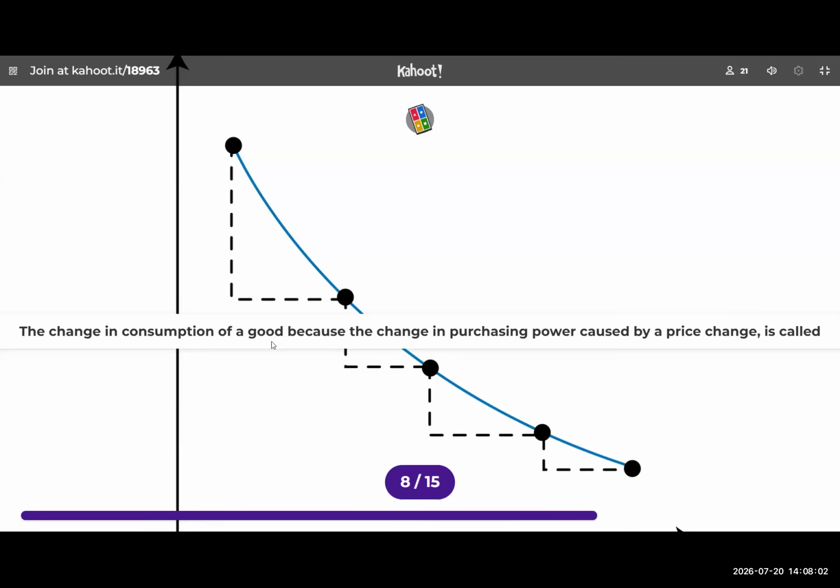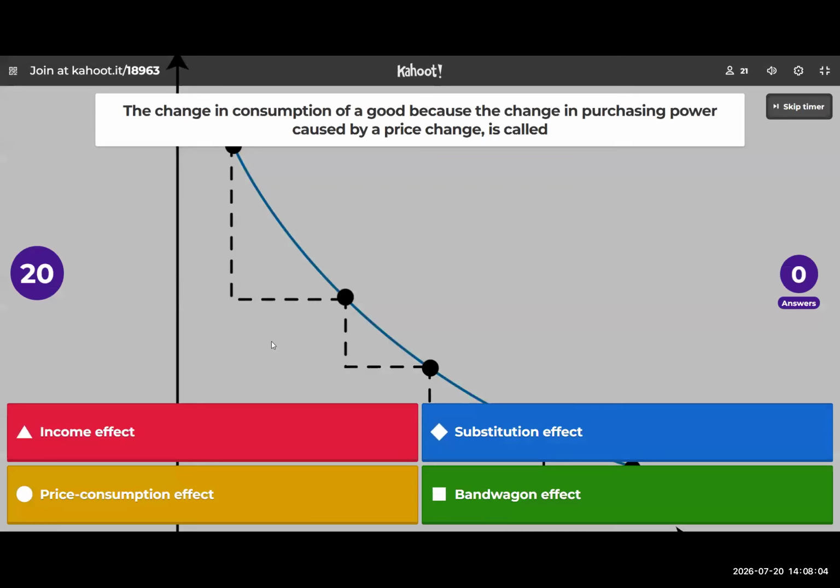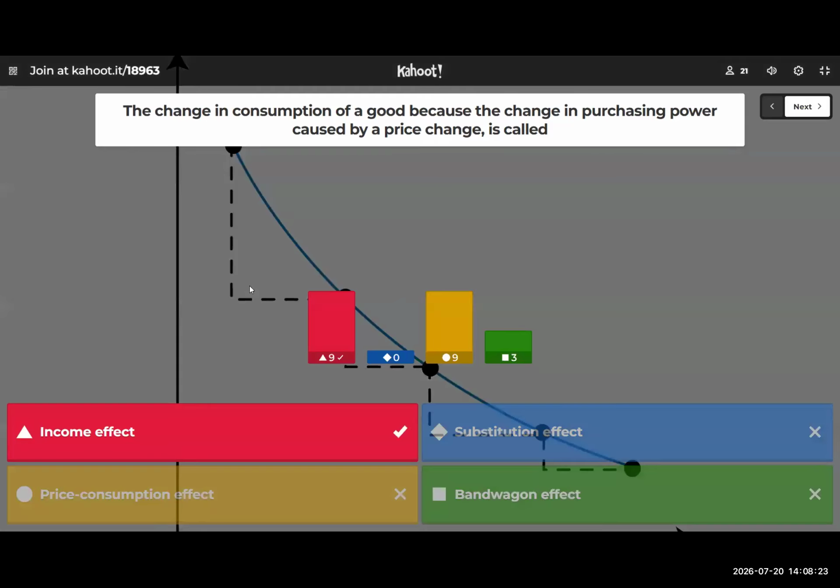So here the change in consumption of a good because of the change in purchasing power caused by a price change is called what? What is price consumption effect?